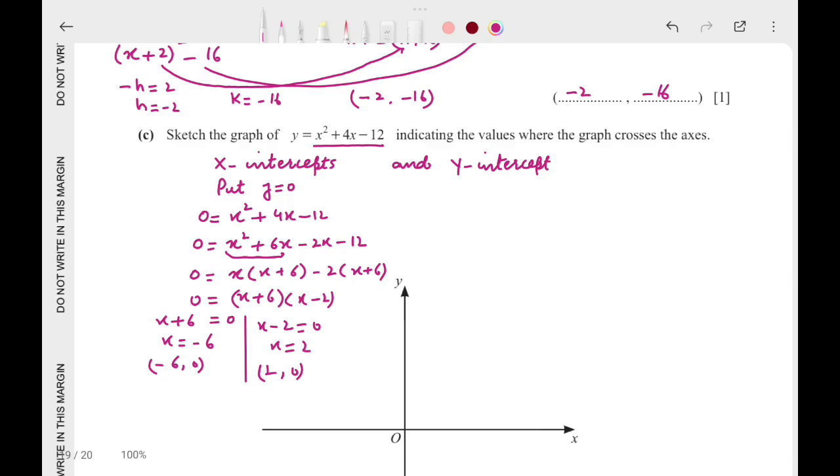Now we have to find out the coordinates of y-intercept.